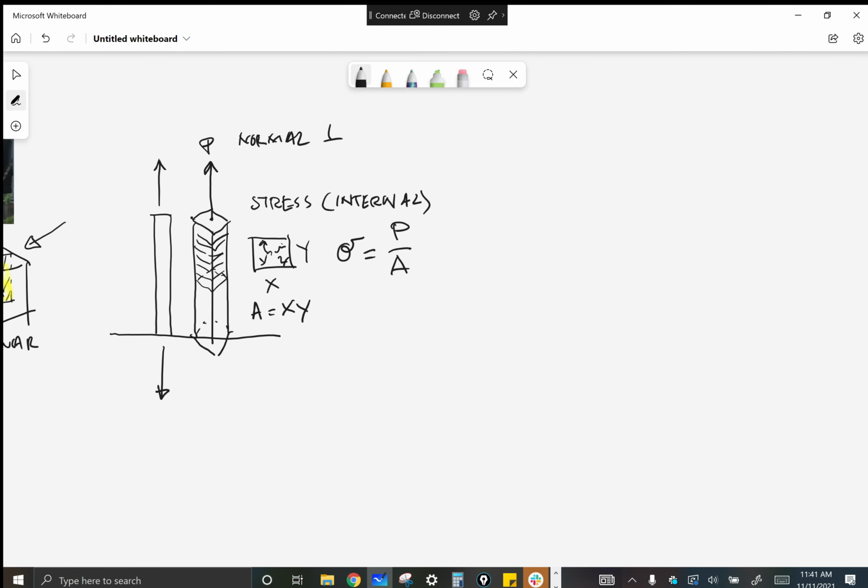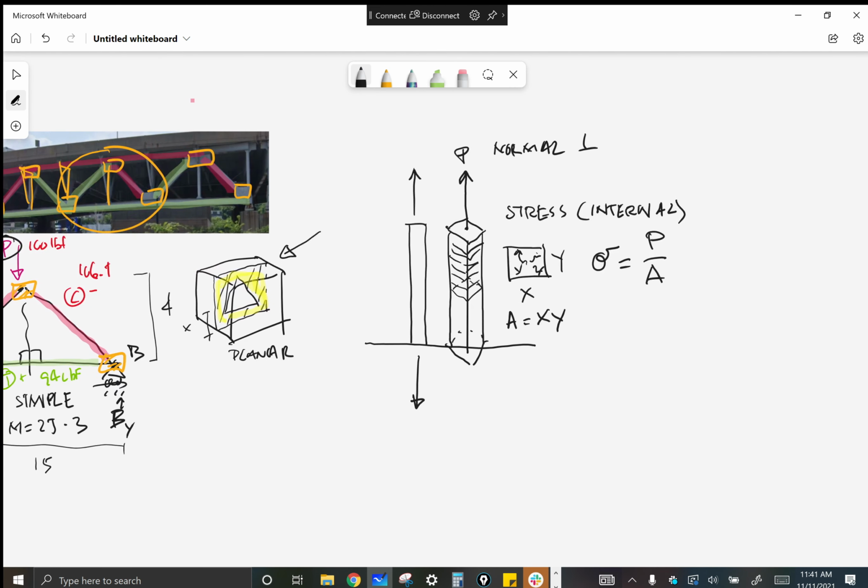Then we've said if we look at this in elevation, that's the internal response. The external response is that it's going to stretch out, and that's going to be a change in length.